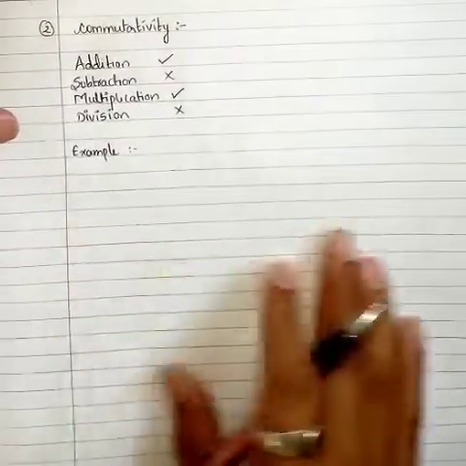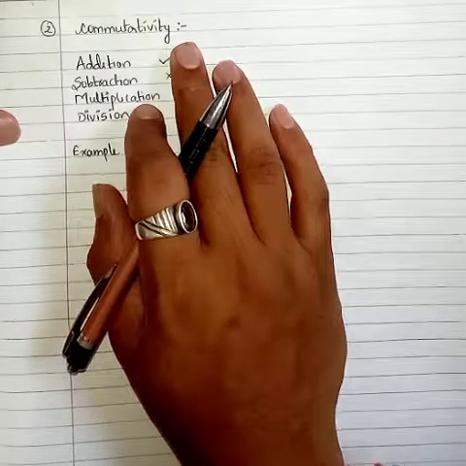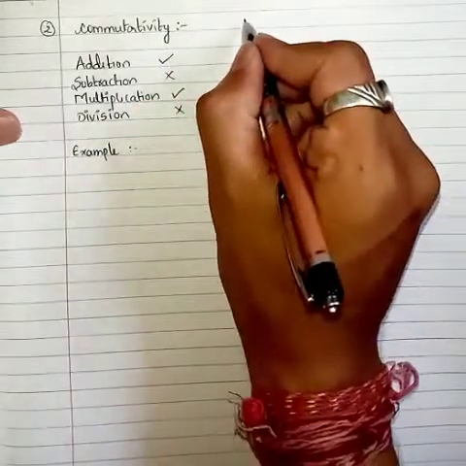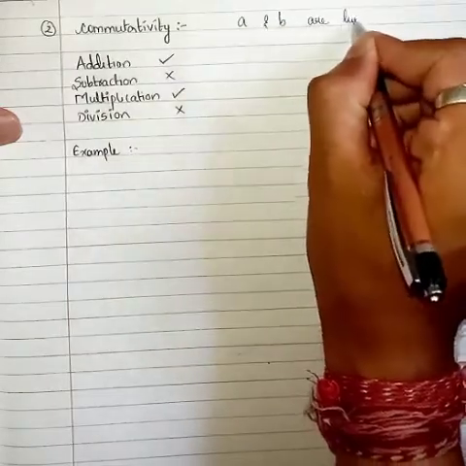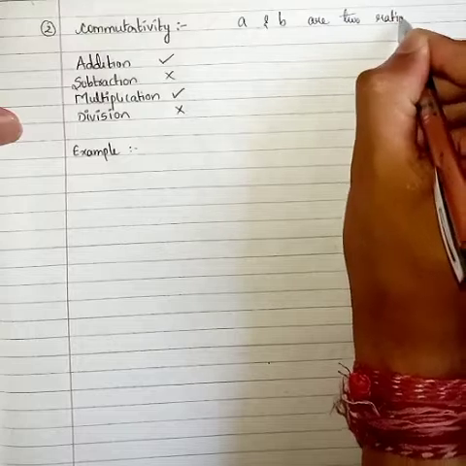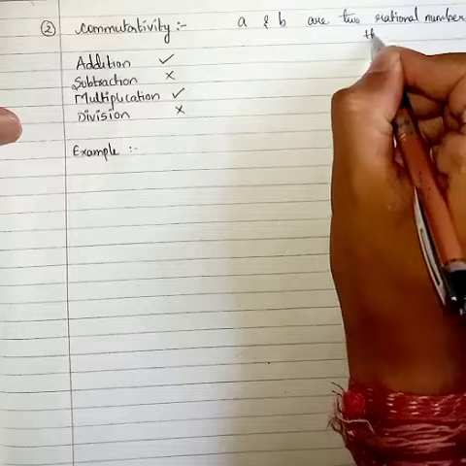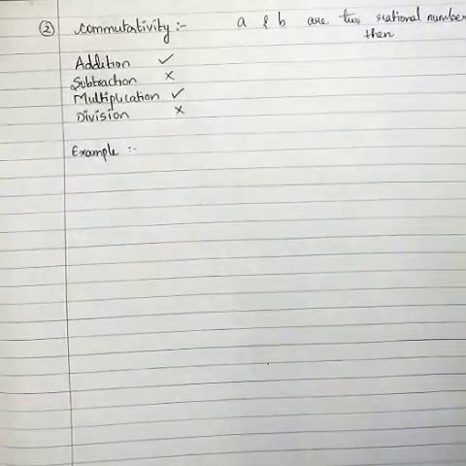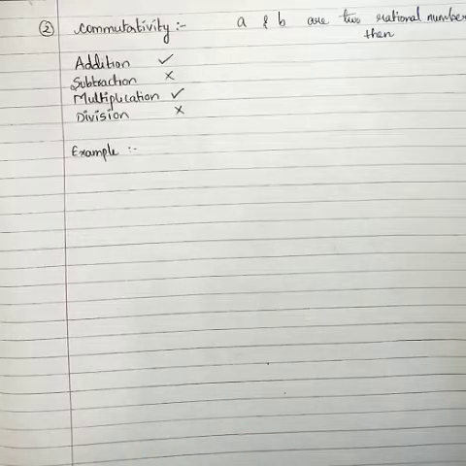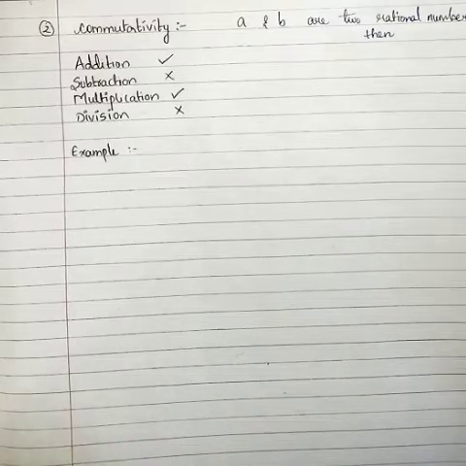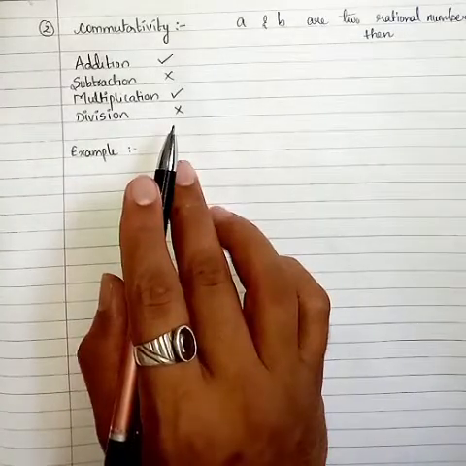Coming to the second property, that is commutativity. As per this property, suppose that A and B are two rational numbers. Then addition of those numbers in any order, subtraction in any order, multiplication in any order, or even division in any order should not change the result.